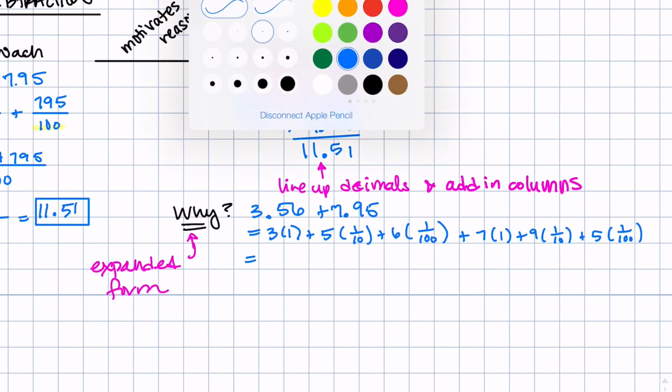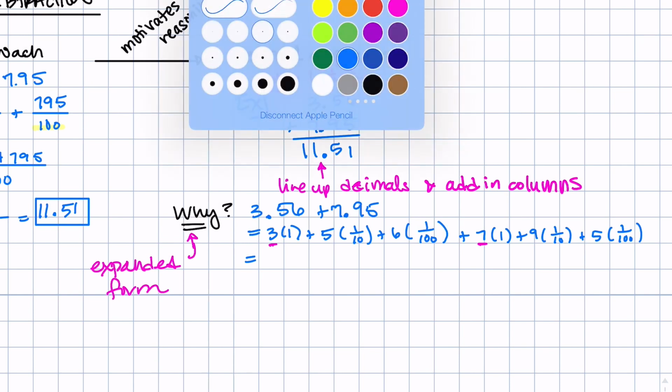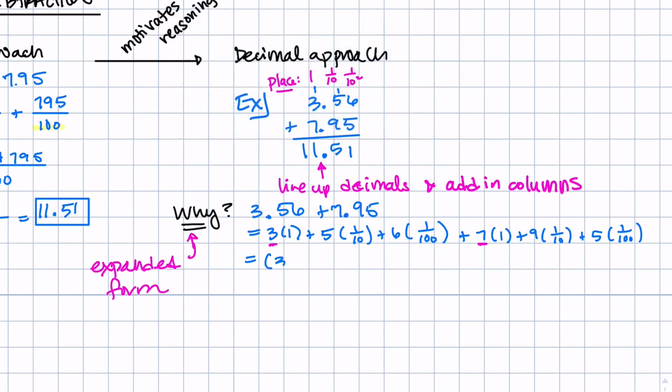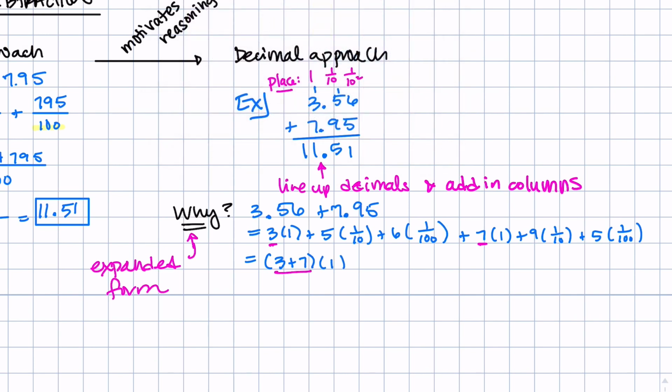And now I can combine like terms. So I have a 3 and a 7, 3 plus 7 ones, combining these two things. And I have 5 plus 9 1/10ths. And I have 6 plus 5 1/100ths.